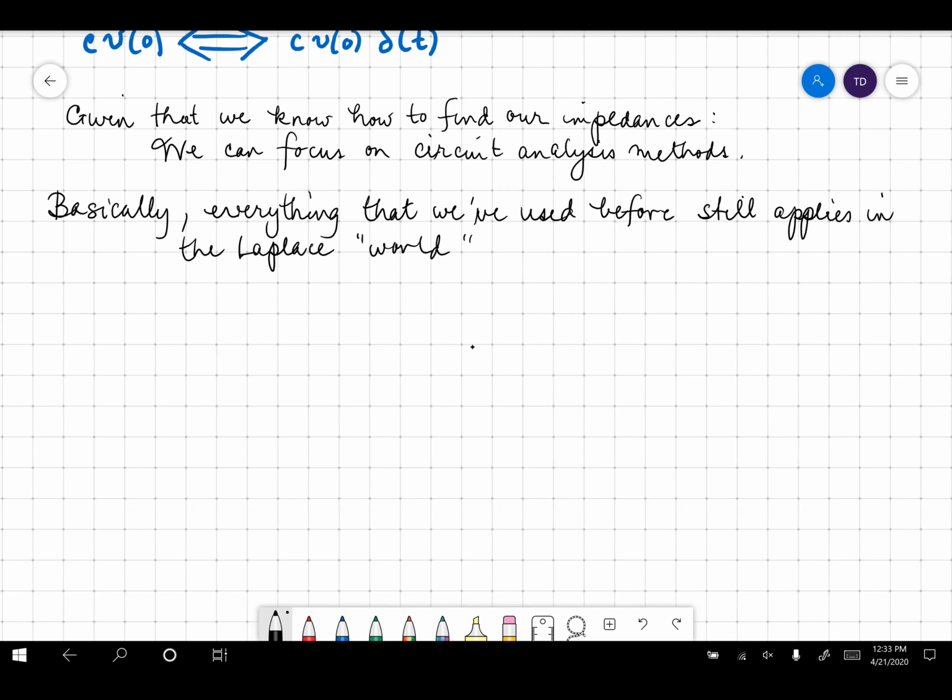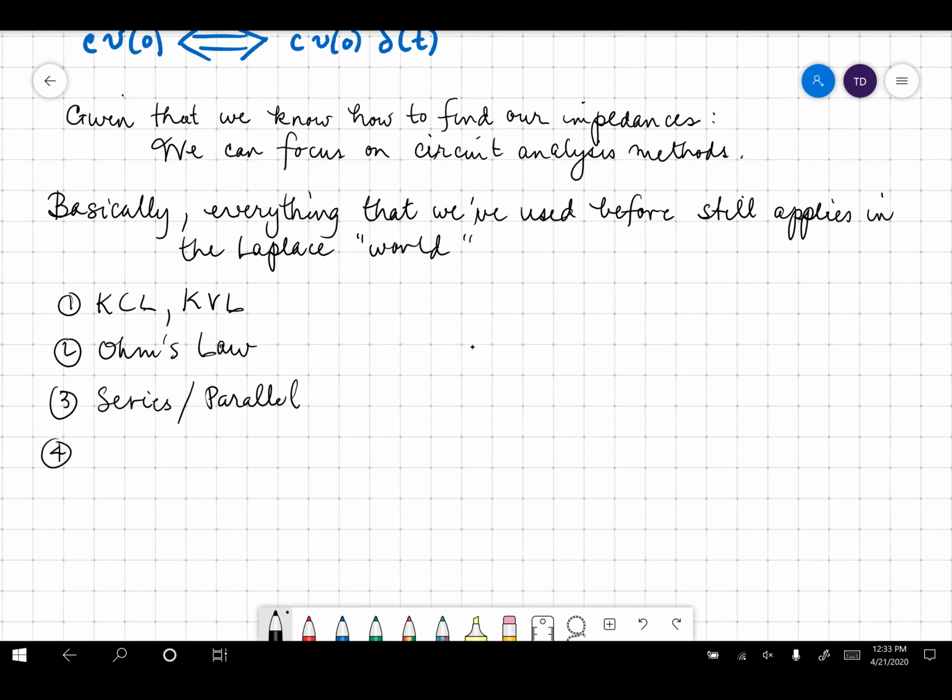What do I mean? KCL, KVL, Ohm's law. Ohm's law is not just done with resistors, it's done with impedances. Series, parallel. Okay, so combinations in series and in parallel. Thevenin and Norton.